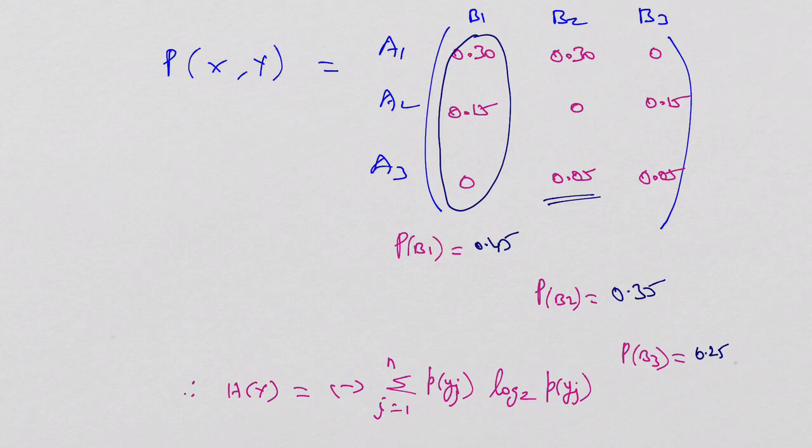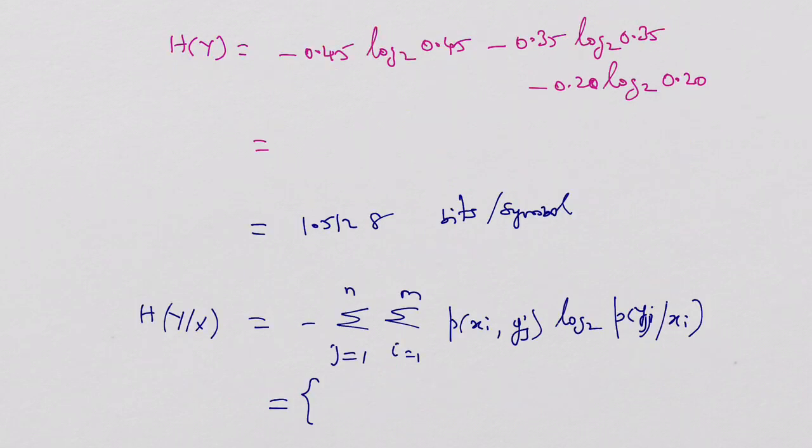So, keeping all these three values, minus 0.45 into log of 0.45 to the base 2, minus 0.35 multiplied by log of 0.35 to the base 2, minus 0.2 multiplied by log of 0.2 to the base 2, you can calculate the entropy of the receiver symbols.